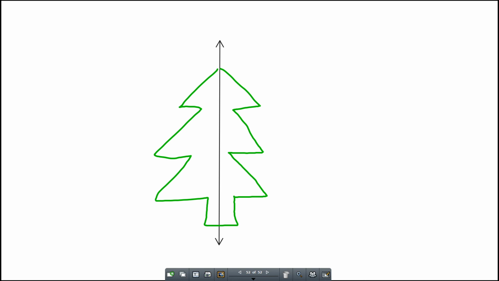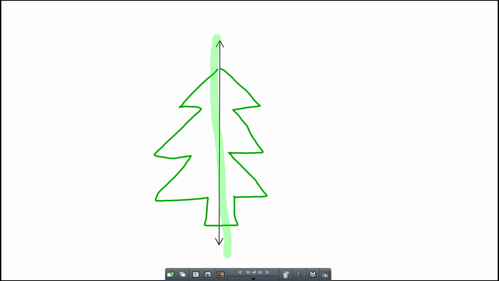Probeer baie hard, né? A Christmas tree, this line in the middle. That is my axis of symmetry, né? My symmetry as. Want that little Christmas tree, if I fold it, dan lê daai lyntjies presies mooi op mekaar. Dis mos hoe ons kroek as jy eintlik 'n mooi ene wil uitknip ook.